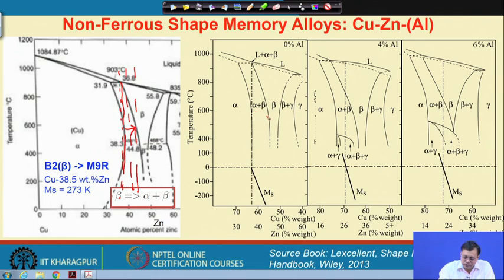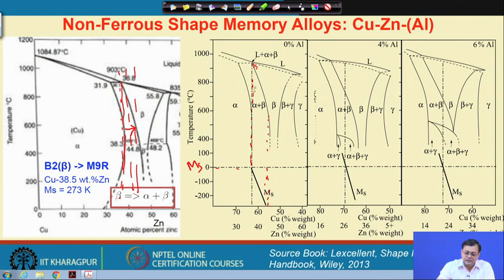Here you can have a look that if I choose such a composition, the MS temperature goes very low, or sometimes it does not occur at all. So, I have very little chance to choose such a composition here, or maybe if I need an MS temperature somewhere around 0 degrees centigrade, then I have to choose a composition which is here.